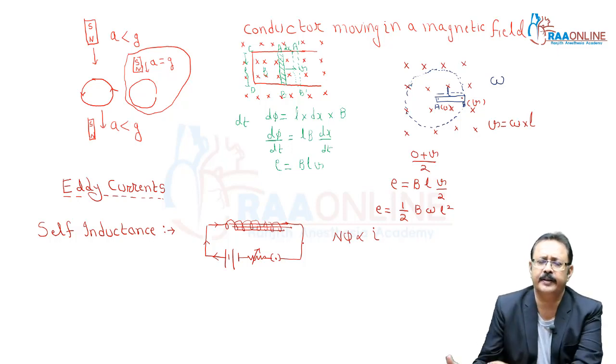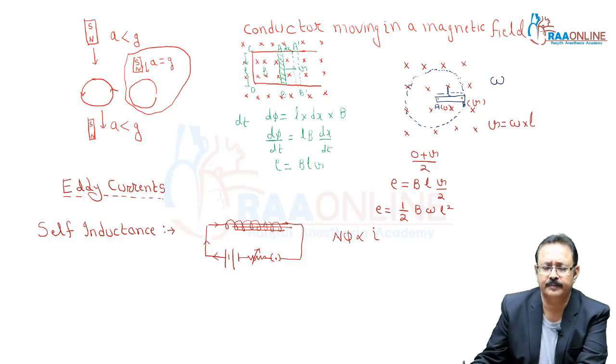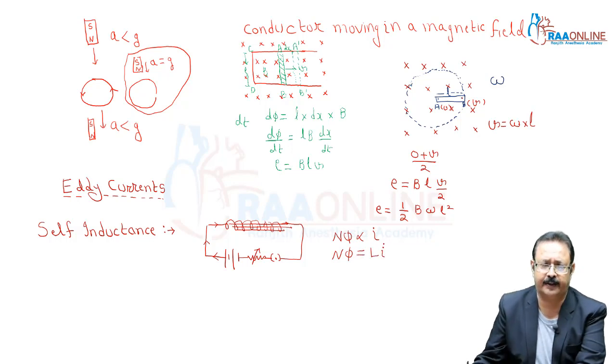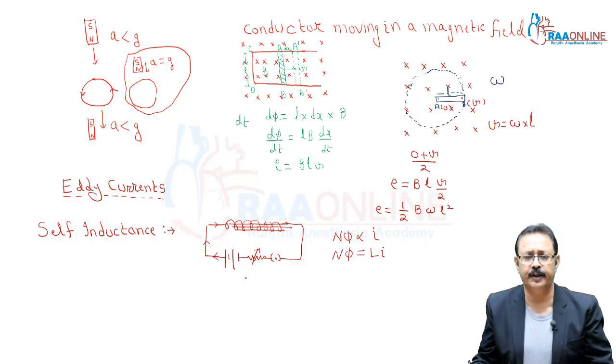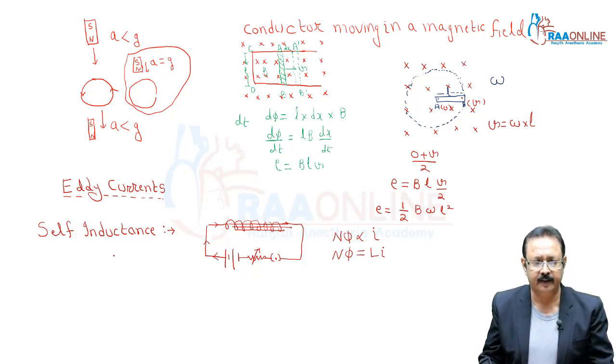So what we are observing there is that flux related to the coil is directly proportional to I. When you remove this proportionality sign, you will get one constant known as coefficient of self-inductance. But Faraday told us that induced EMF in a coil is equal to minus d phi by dt.